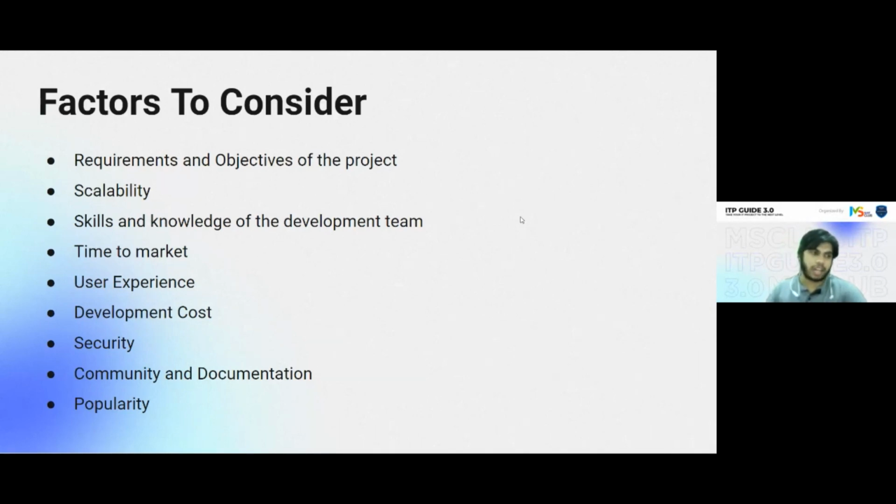And then the popularity as well. Once again, it's kind of similar to community. If there's big popularity, that would mean there's a bigger community behind that technology. Once again, it'll help you in solving problems and all that. Another place where popularity comes into play is when you go to the industry.